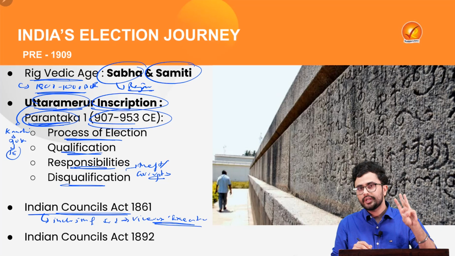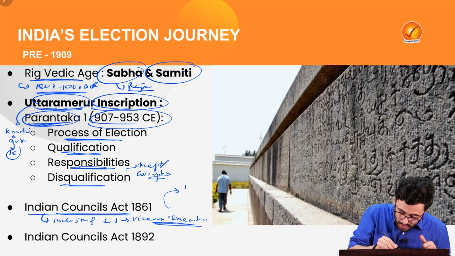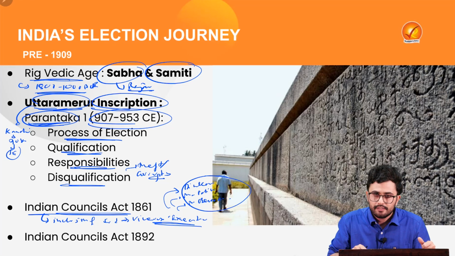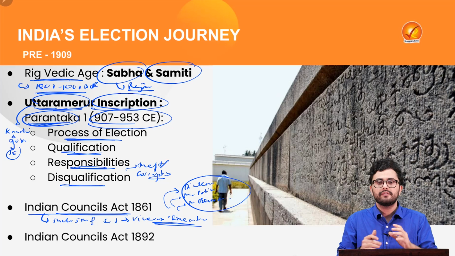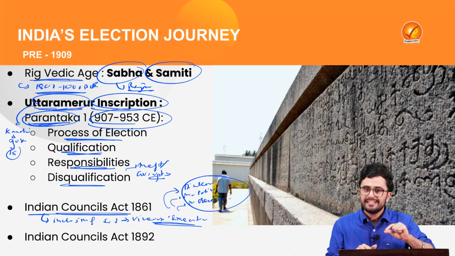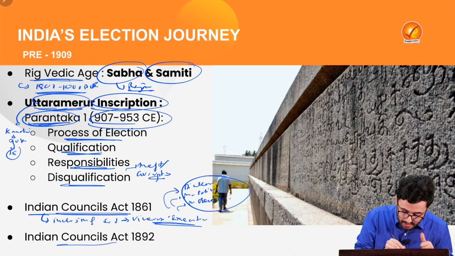And the first three Indians as such nominated by the Viceroy were Sir Dinkar Rao, the Maharaja of Patiala, as well as the Maharaja of Banaras.